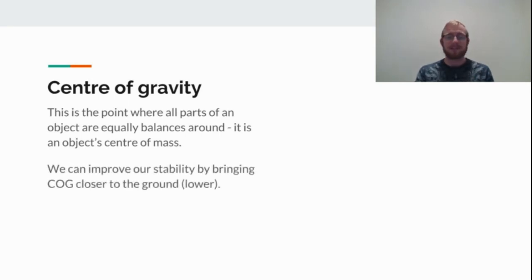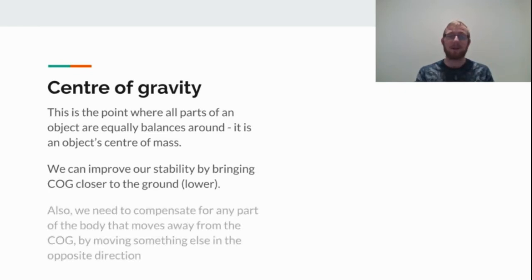We can improve our stability by bringing the center of gravity closer to the ground, that is, lowering the center of gravity. And it's also worth noting that we need to compensate for any part of the body that moves away from the center of gravity by moving something else in the opposite direction.